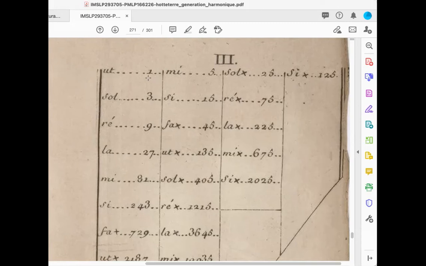So what Rameau does at this point is to just get rid of the fractions for ease of doing mathematics. He says we'll just use whole numbers now to talk about the harmonic direction. So now going from C to G, instead of thinking 1 to 1/3, we'll just say 1 to 3.